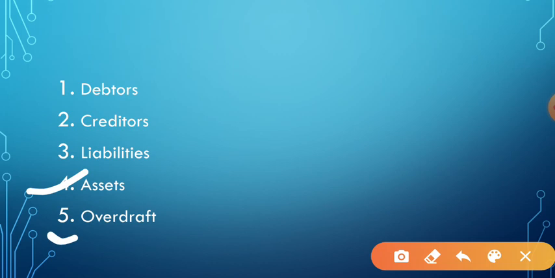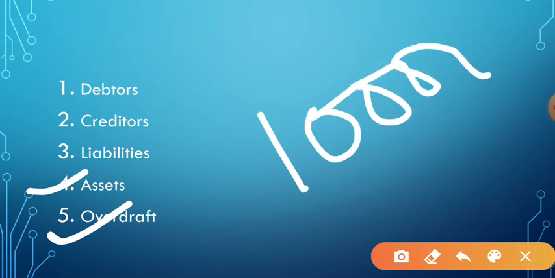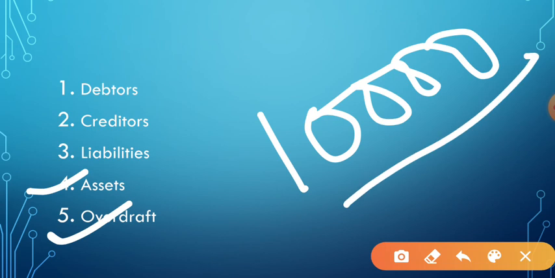Now what is overdraft? Overdraft is something which is related to the bank. Okay, suppose I have 10,000 rupees in my account, and I need to pay someone 15,000. But at present, my account is showing a balance of 10,000. So what will I do?